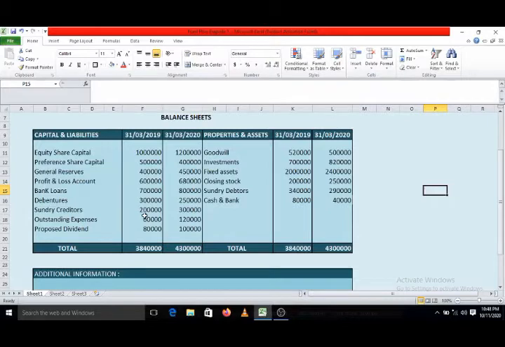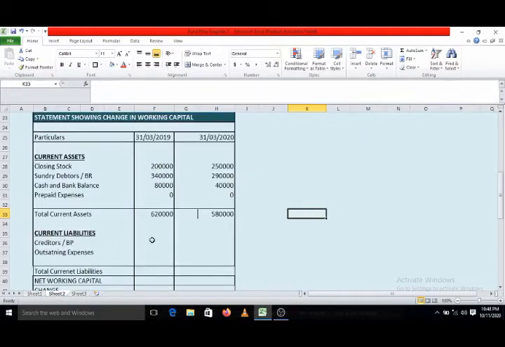For the first year, sundry creditors 2 lakhs, outstanding expenses 60,000. So we will take 2 lakhs and 60,000.